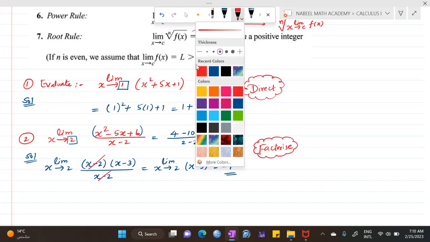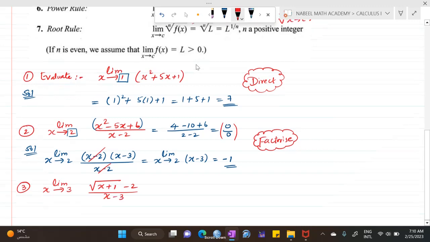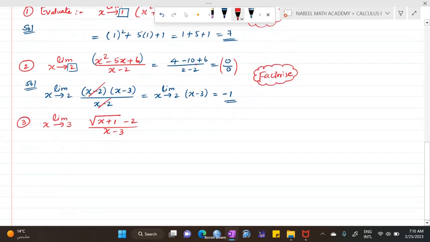Now let us go to the next one. We have: evaluate the limit as x approaches 3 of square root of x plus 1 minus 2 over x minus 3. When you apply the limit here, what happened?